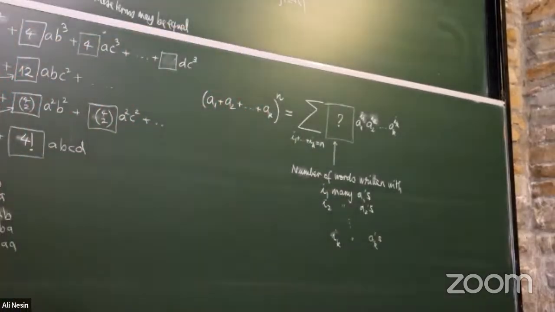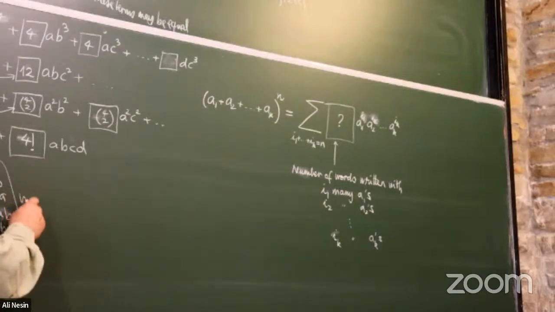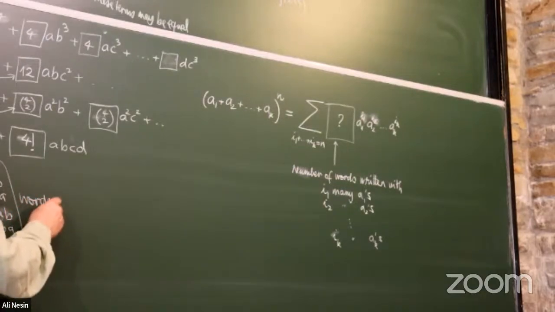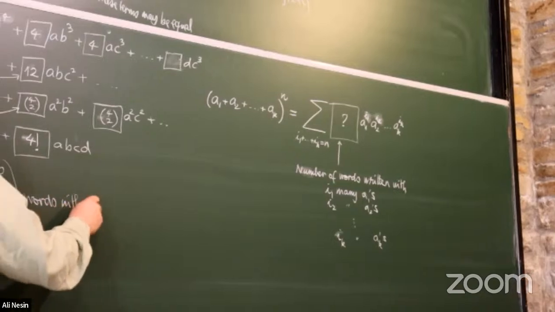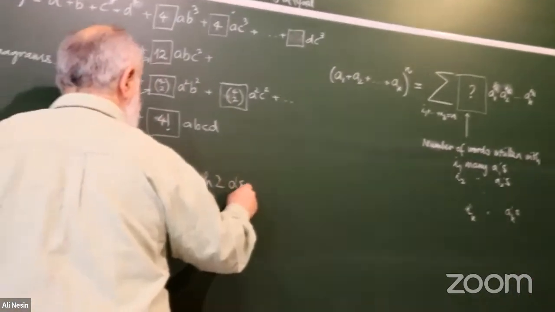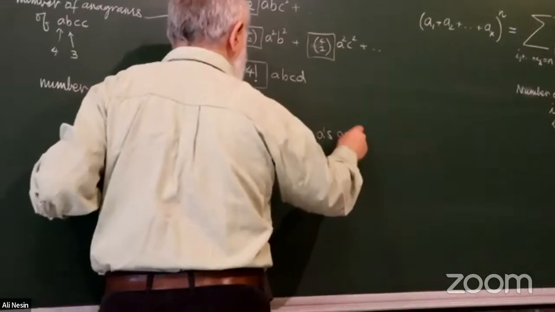Like in here, I have to count the number of words written with 2 A's and 2 B's. These are the words with 2 A's and 2 B's.